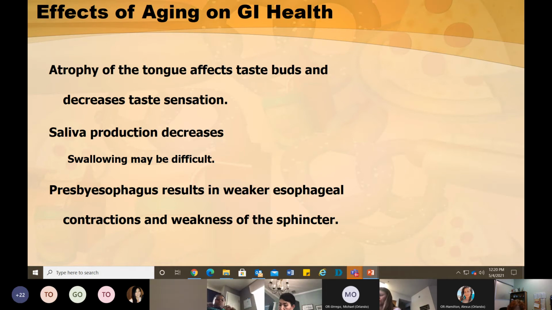Okay, so important. So we know that the esophagus takes much longer to get the food down to the stomach. Because of that, they can feel like there's food lodged in their chest. Have you ever eaten a big hunk of something and maybe you swallowed it, but you kind of felt it go all the way down?